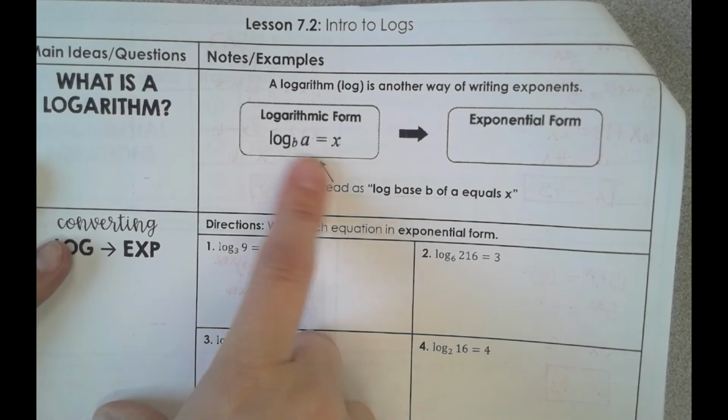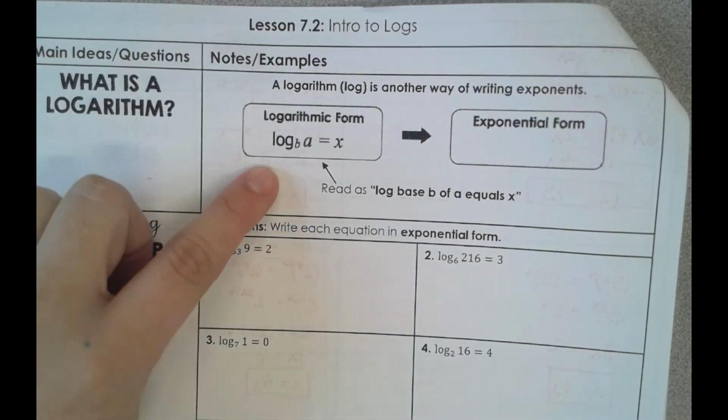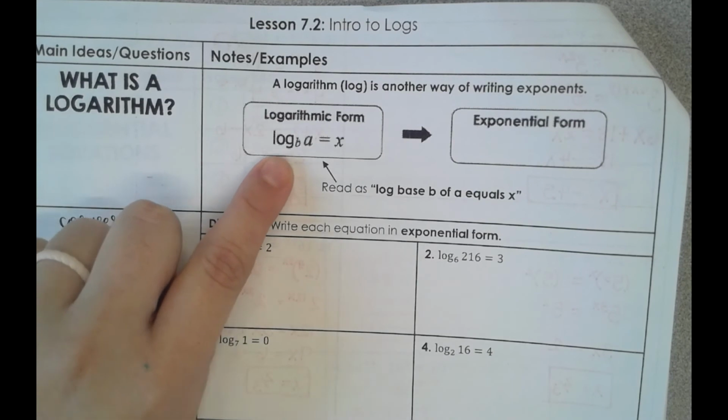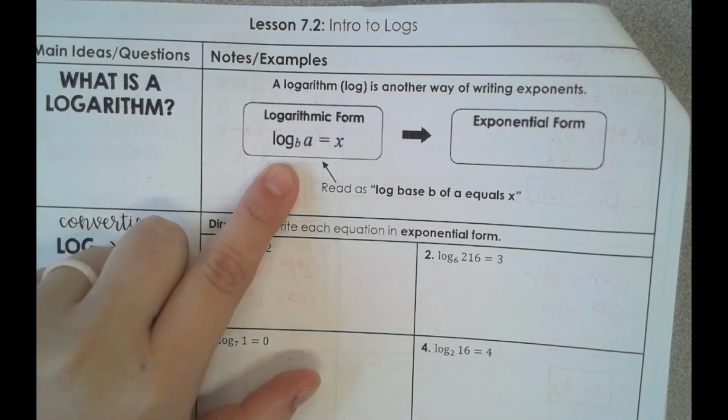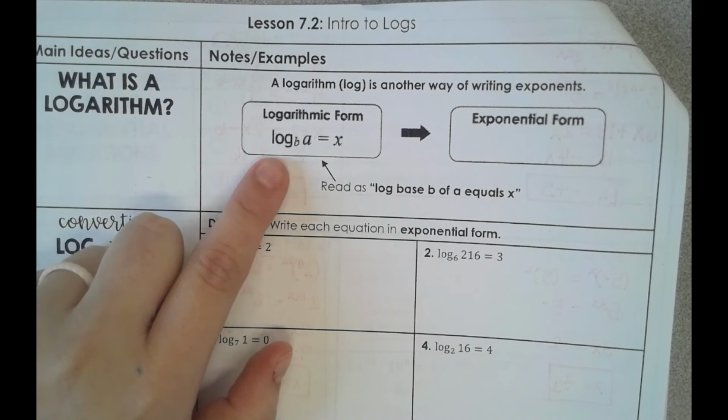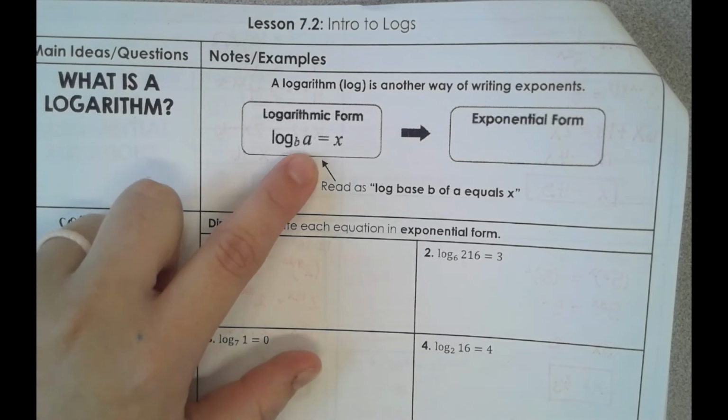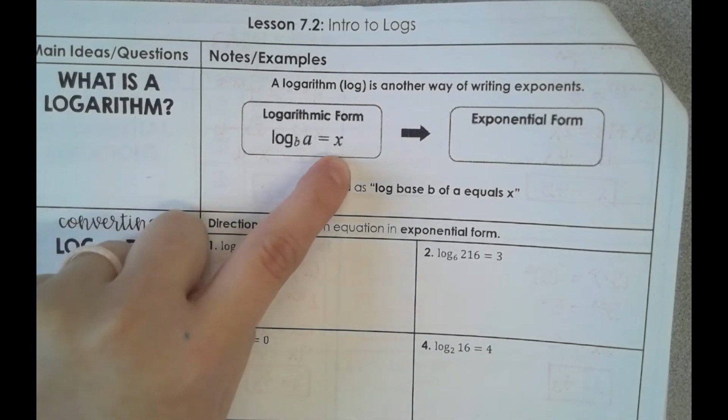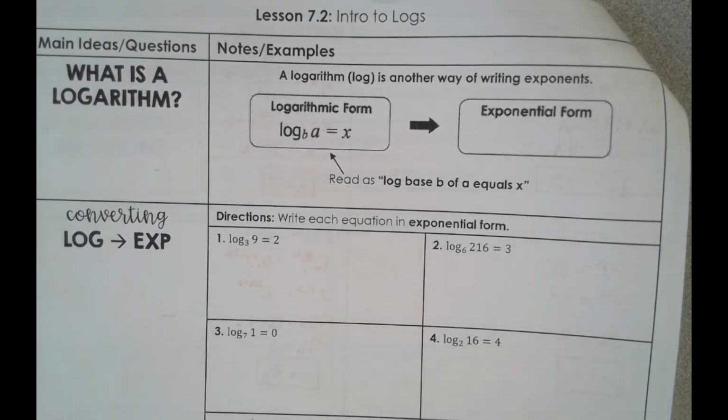And so if we see something that looks like this, we read it as log base b. There's normally a number there, so log base 5 or whatever number, of a equals x. And we can write those as exponents.